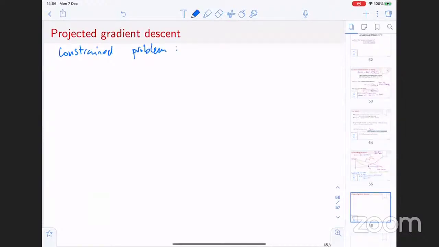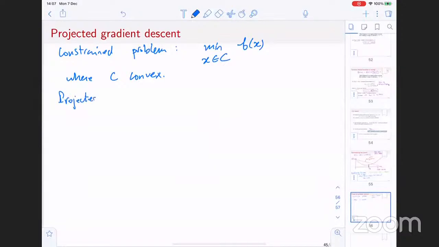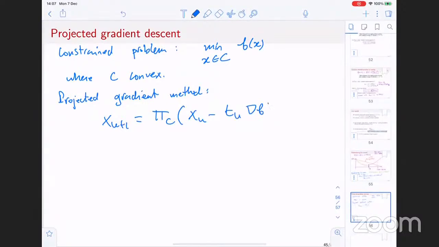Let's say that you want to minimize a function f of x subject to x is in C, where C is a convex set. The projected gradient method, as its name suggests, is as follows: xk plus 1 is equal to pi C of xk minus tk times the gradient of f at xk.